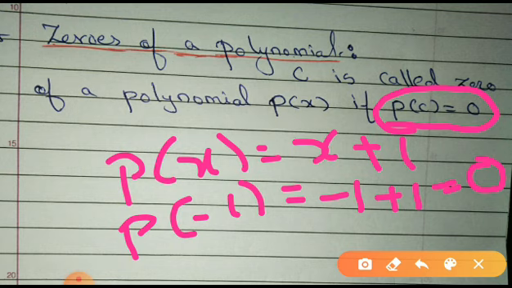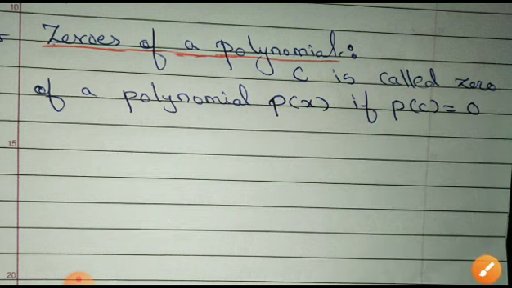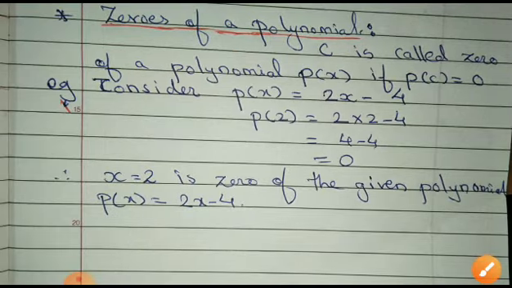Okay. So I can say that c is a zero of the polynomial p of x if p of c is equal to 0. Here p of x is equal to 2x minus 4. We have to check whether x equal to 2 is the zero of the polynomial or not.